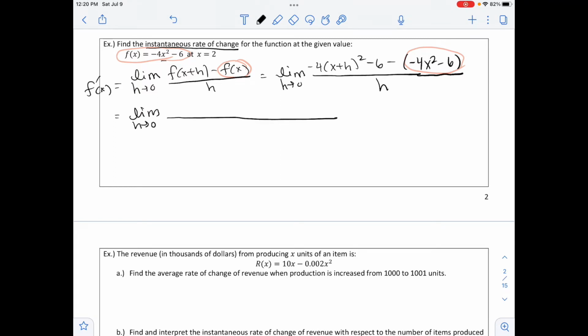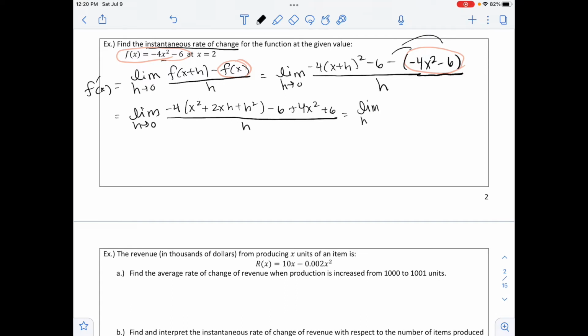And also take a moment to make sure that you're writing limit as h approaches 0 for every single step. We have negative 4 times, and this is going to work out to be x squared plus 2xh plus h squared, minus 6. And then distributing this negative, we're going to have plus 4x squared plus 6 all over h.